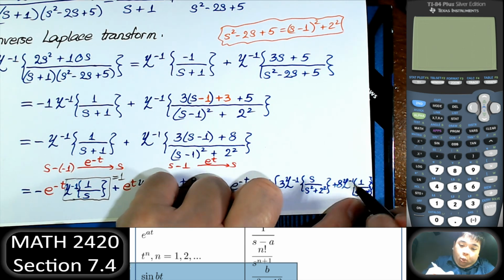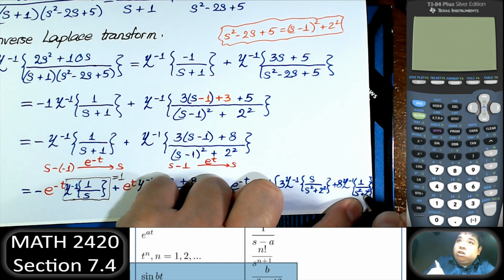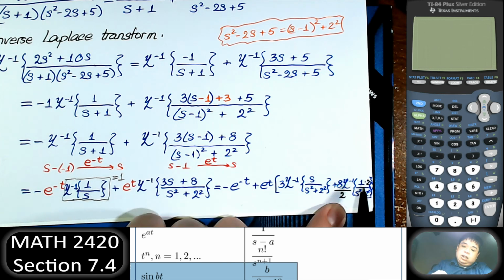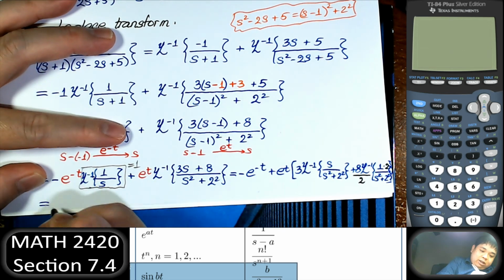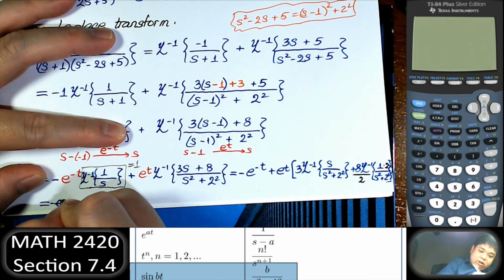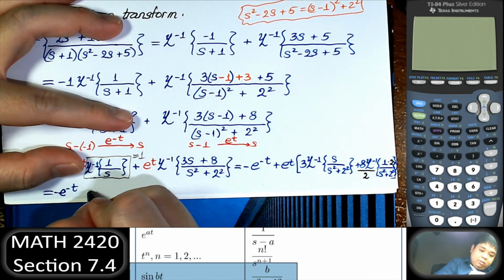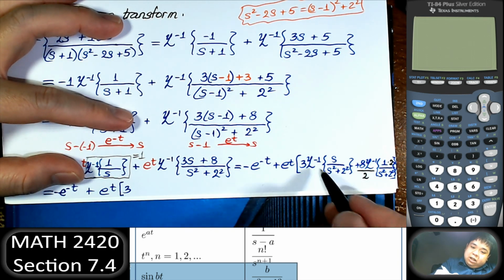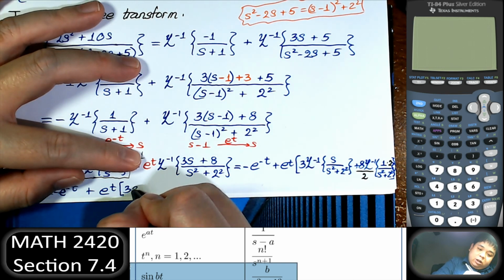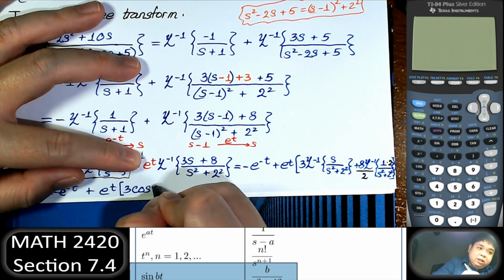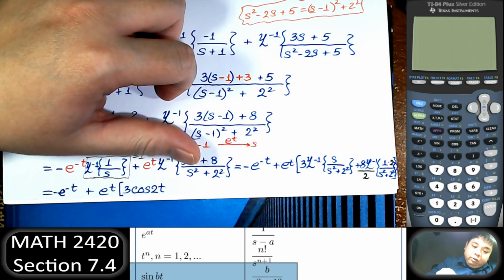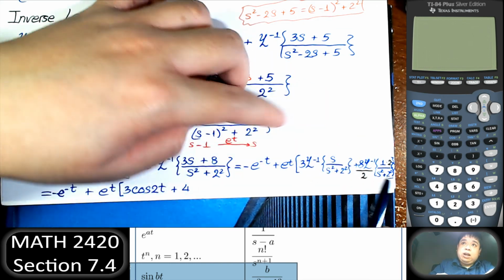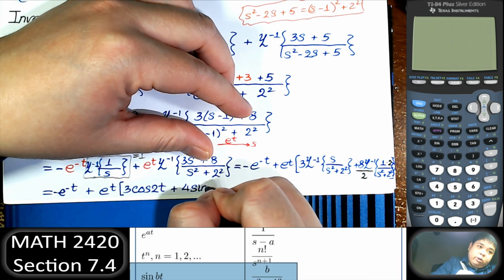However, whatever that is, the number must match with the number at the bottom. So I multiply by 2, divide by 2. So in that case, I will have negative e to negative t plus e to the t, and then we have 3 times the inverse Laplace transform for cosine of 2t, and 8 over 2 is 4, and 2 over s squared plus 2 squared, so that is the inverse Laplace transform for sine of 2t.